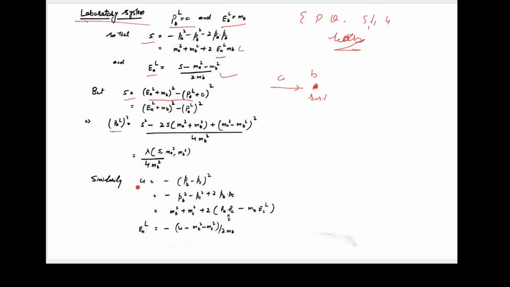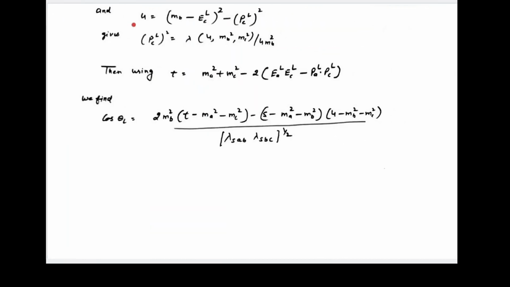Similarly, from U we can find this relation, the energy of the C particle in the laboratory frame of reference, and it will be equal to this. And now using T we can find cos theta in the laboratory frame of reference. It will come out as this.